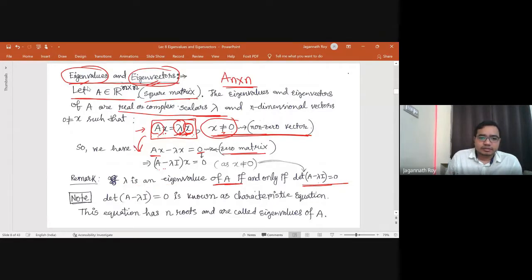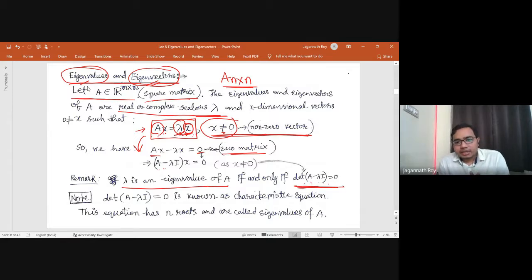So in this situation, we say that lambda is an eigenvalue of A if and only if the determinant of A minus lambda I equals 0. And this is called the characteristic equation of A. If the matrix is n by n, then this equation will have n roots.